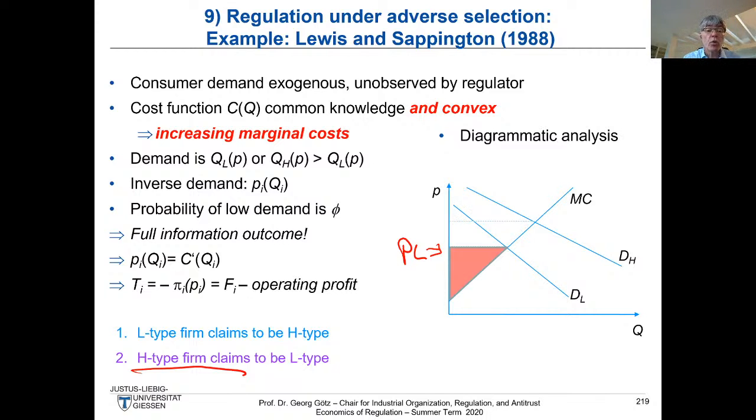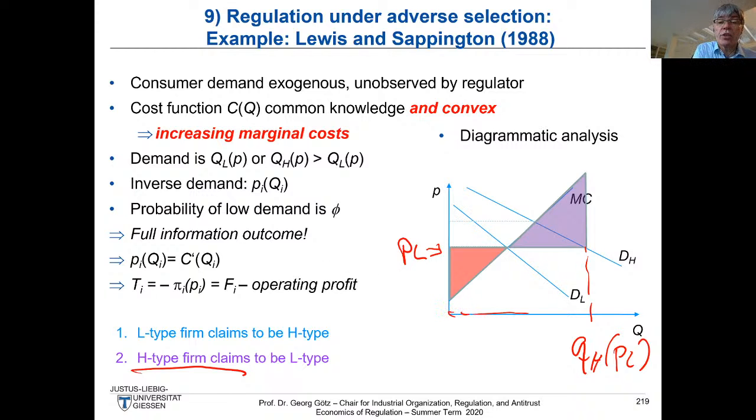Now, how does the world look if a high type claims to be of the low type? Of course, our price stays the same, and the quantity the high type gets is Q of the high type given the price of the low type, which is just this here. You see again the area below the marginal cost curve is the variable cost.